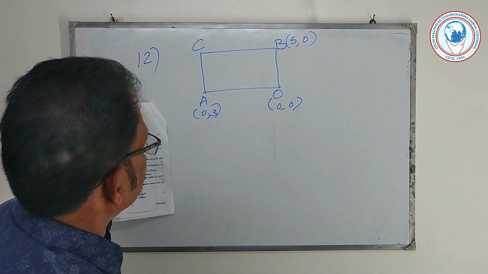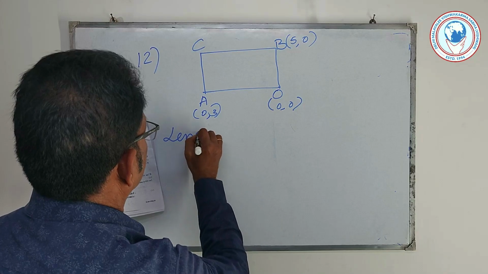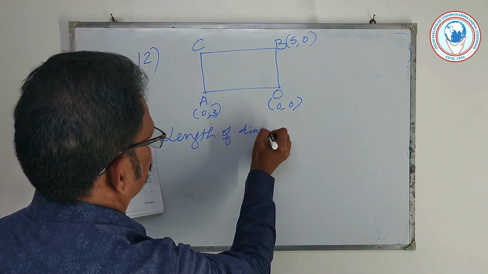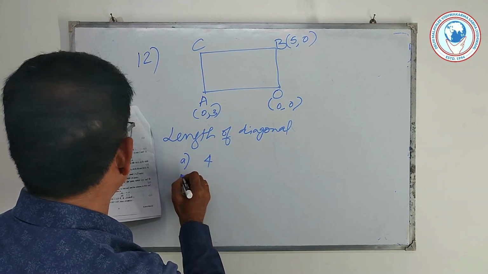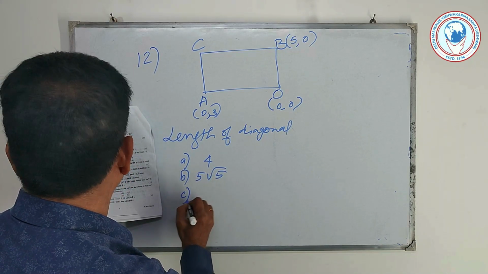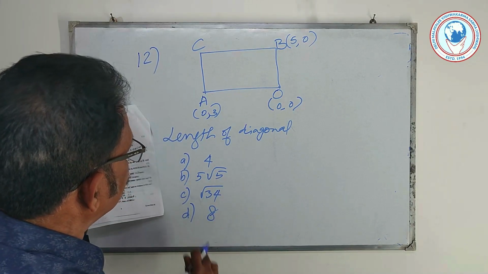These three vertices are given. Options are 4 units, 5 root 5, root 34 and 8. Which is correct?